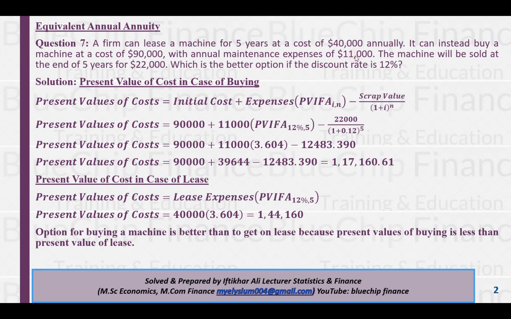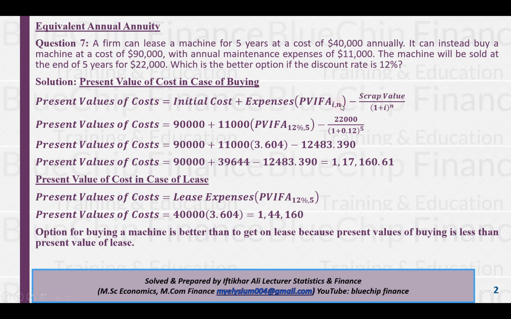These 11,000 expenses are similar. This is the same concept which we discussed in the calculation of NPV, that if our cash inflows are similar, then we can use the present value interest factor of annuity. But remember one thing, if your maintenance expenses are not similar, then you can use present value interest factor instead of present value interest factor of annuity.